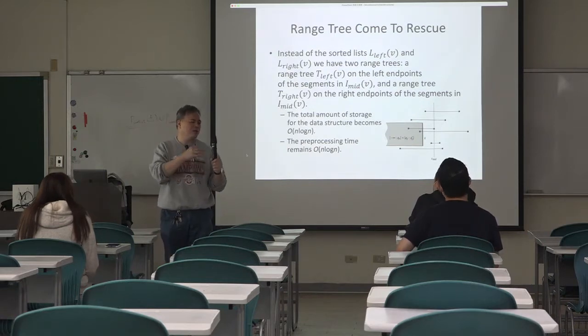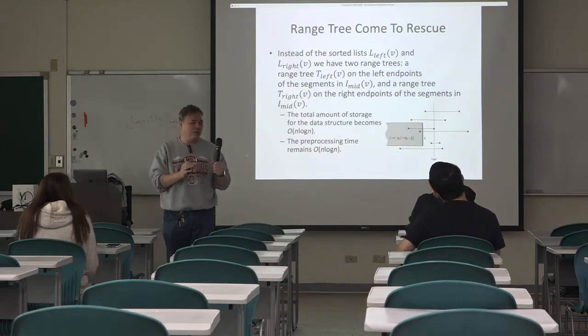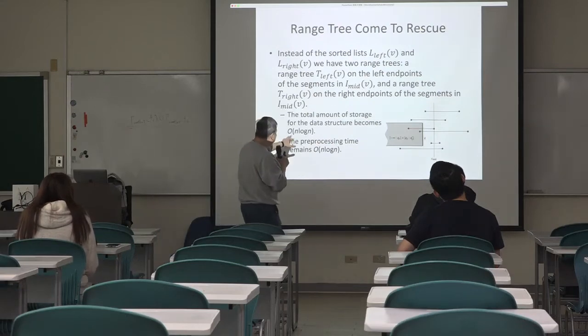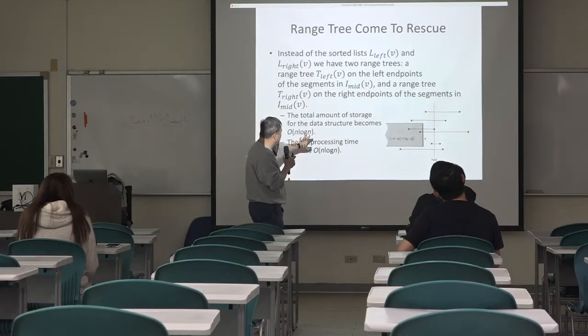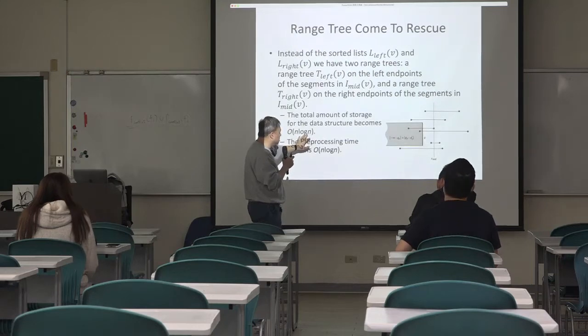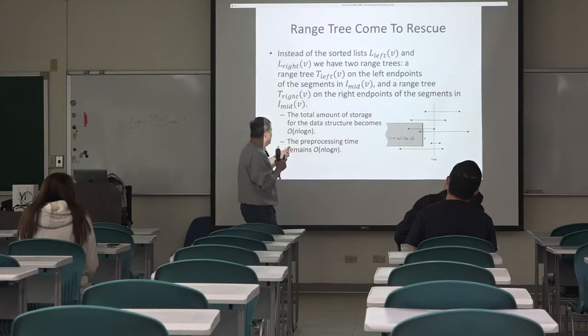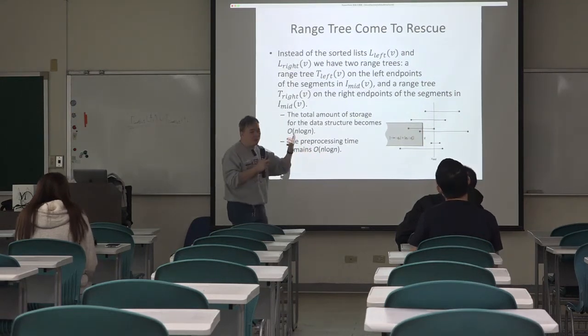The extra storage we pay is roughly a log n times the original space. So if originally n is linear, then we have to multiply by log n. So the storage space complexity becomes n log n, and the preprocessing time is still n log n. We need to remember that.